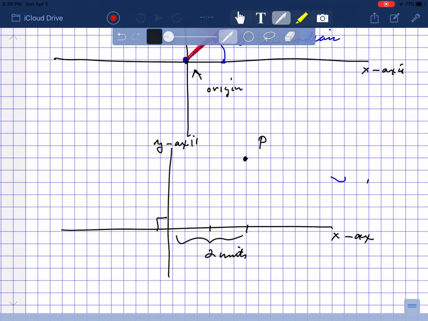And I'm going to look at a point up here, P. So this point P in the Cartesian coordinate system has the coordinates 2, 2. Okay. So this is 2, and this is 2. And this distance here is going to be the square root of 4 plus 4, which is equal to the square root of 8. Okay?